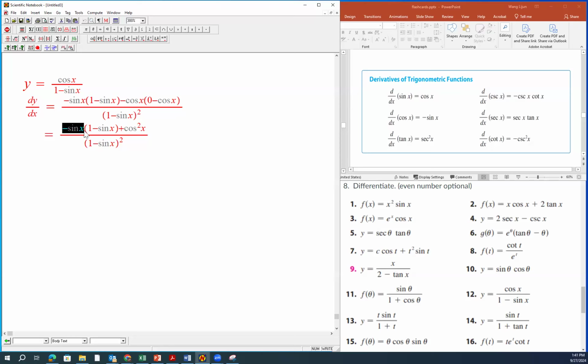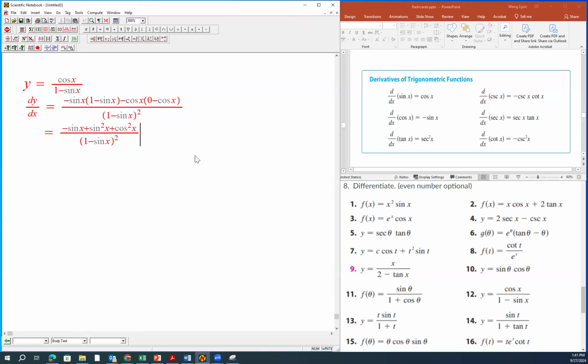We take a negative sine x to multiply 1, so this is just negative sine x, and negative of negative sine x times sine x. Obviously, we're getting something interesting here. So it's a plus sine squared x.